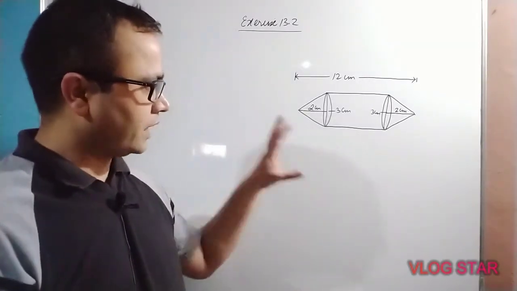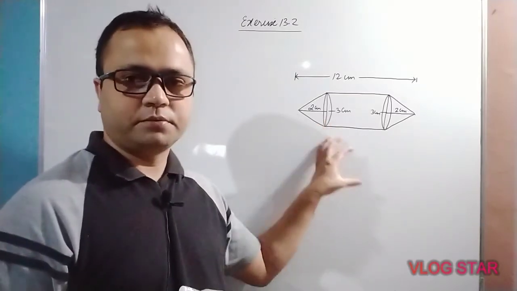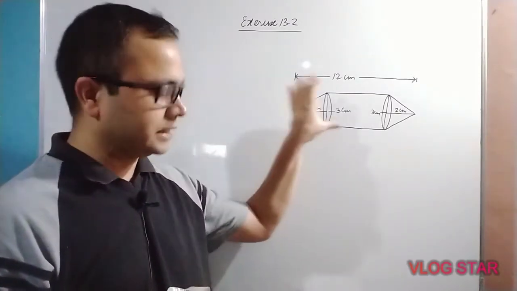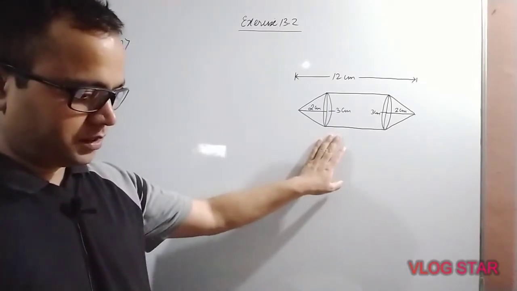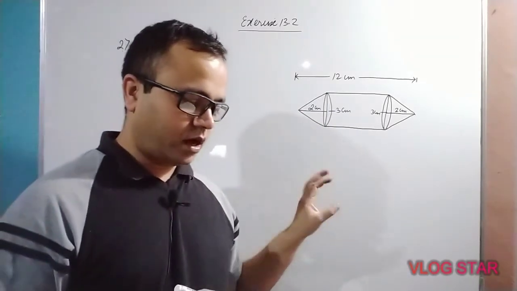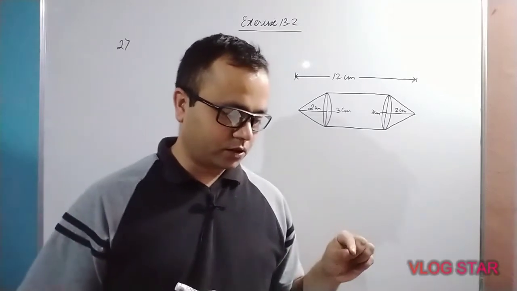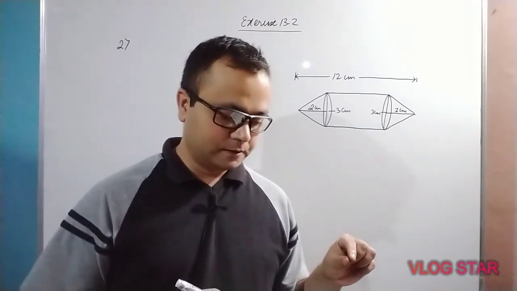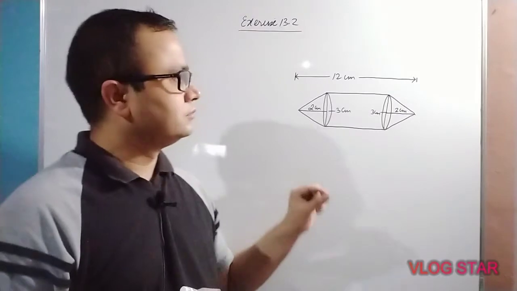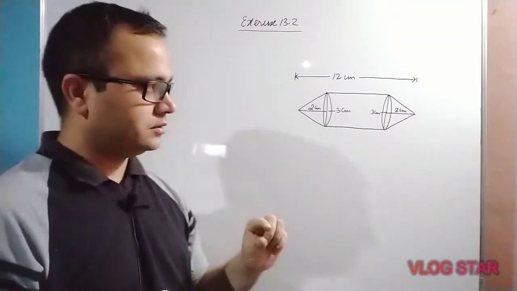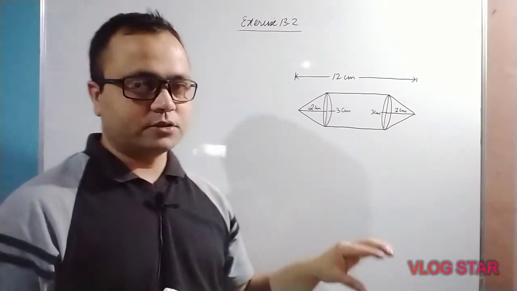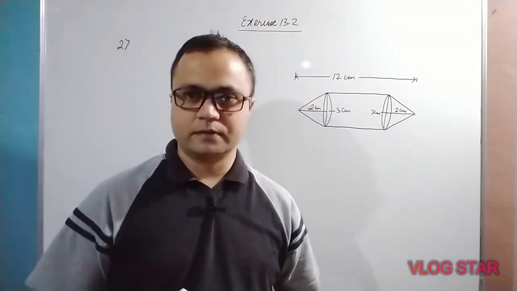So we have to calculate the volume of air content in this model that Rachel made, assuming that the outer and inner dimensions of the model are nearly the same, meaning the aluminum foils are very thin.